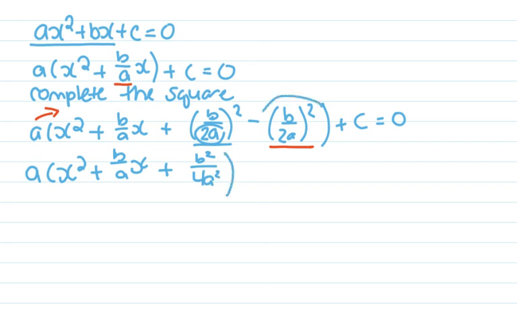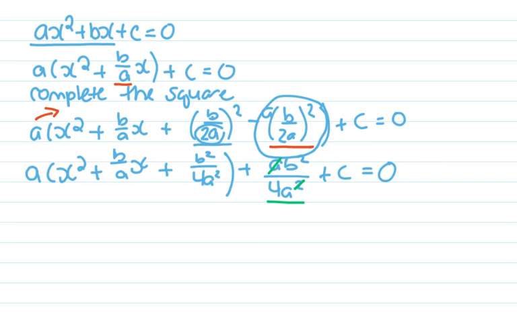Now multiplying this term by a will give me an a on the top as well, so I'll have plus a b squared over 4a squared, and then plus c there equals 0. Now I can simplify this term by canceling out an a from the top and the bottom, so that will leave me with 1 a on the bottom and no a's on the top.